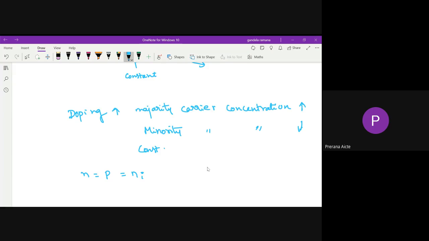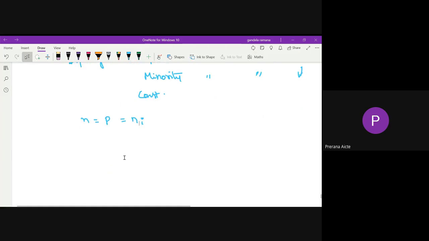Now we discuss drift current and diffusion current.